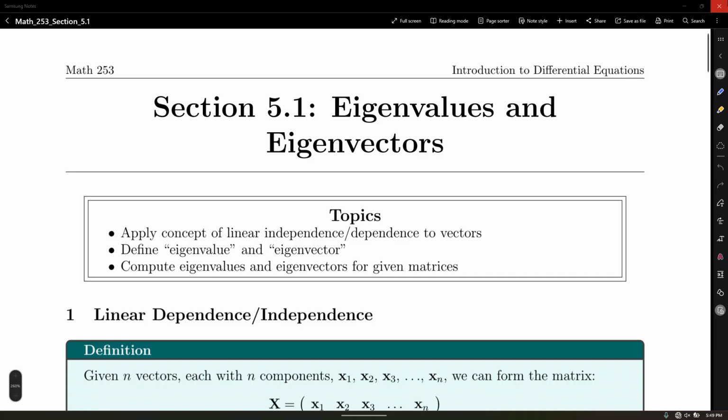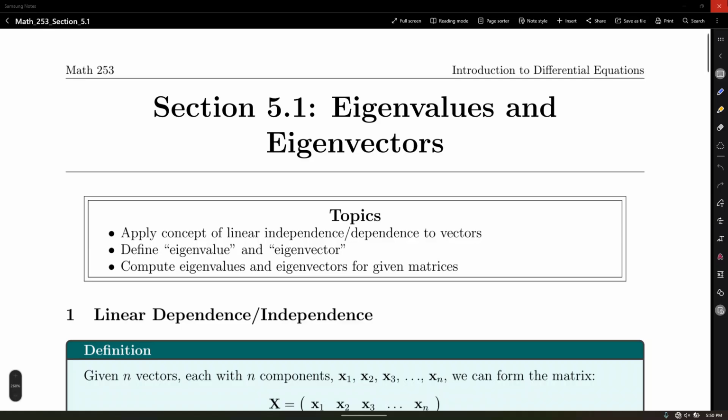We can also use the Laplace transform, which we will do later. But for now we're going to solve systems using matrices, eigenvalues, and eigenvectors.